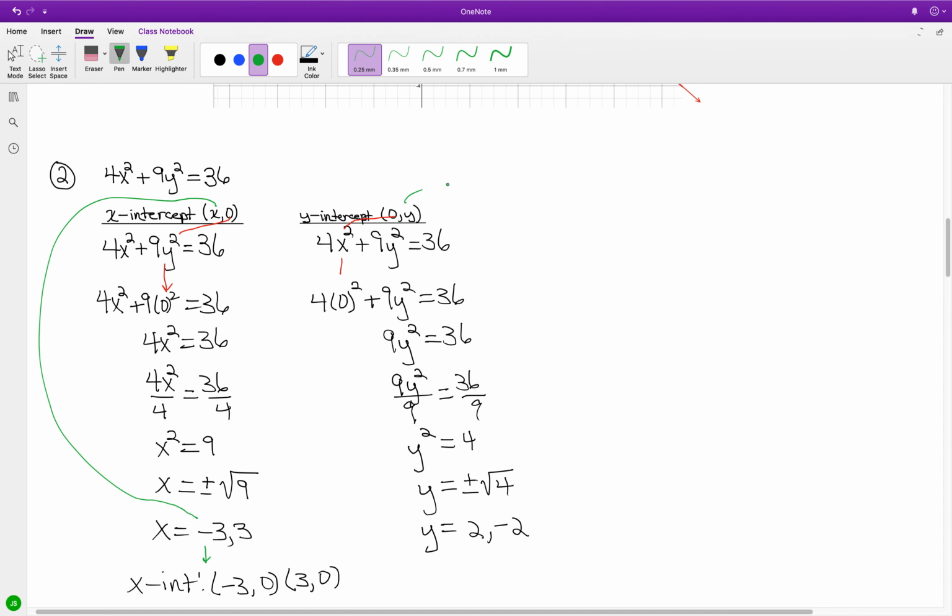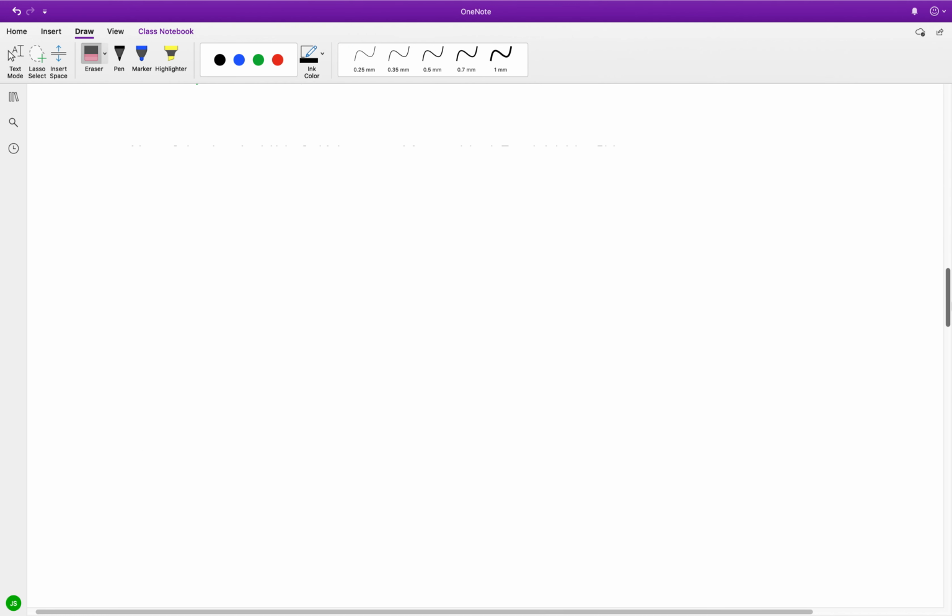As for the y-intercepts, we have 2 values in y, so just as we have 2 x-intercepts, we likewise have 2 y-intercepts, at (0, 2) and also at (0, -2). And here is the graph itself.